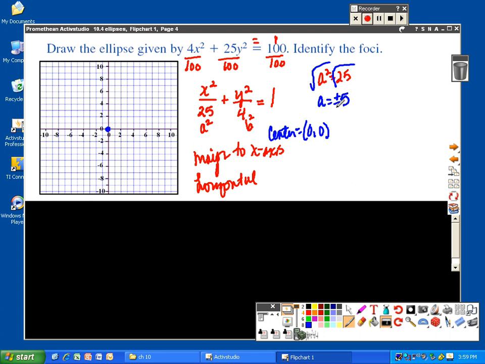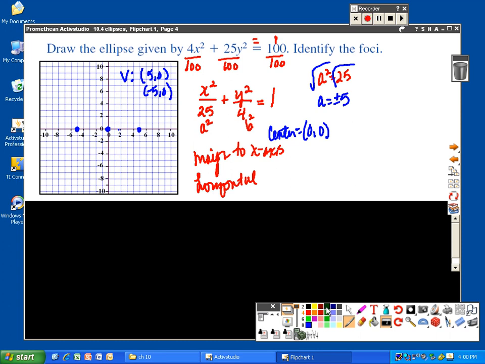A is on the major axis, it's on the x, it goes horizontally 5 units to the right and 5 units to the left of this center. So 5 to the right, 1, 2, 3, 4, 5, and 5 to the left, 1, 2, 3, 4, 5. That makes my vertices at 5, 0, and negative 5, 0.